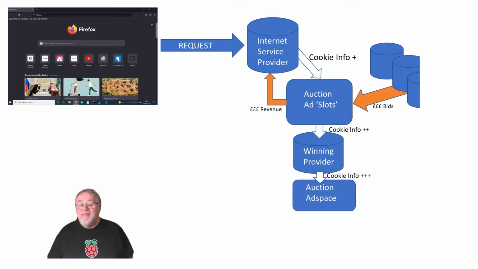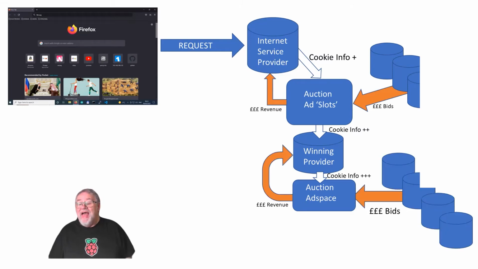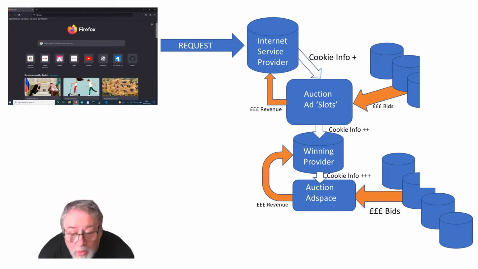So he then holds an auction to say, who wants to put adverts on this guy's web page that he's about to see? Advertisers then bid for those spaces, right? And the advertisers bidding for the spaces is what provides money to the provider so that they can continue working.